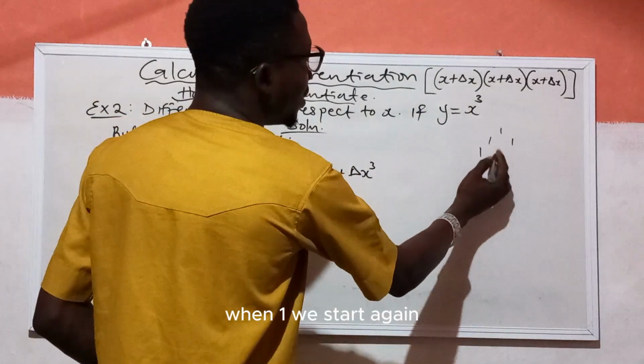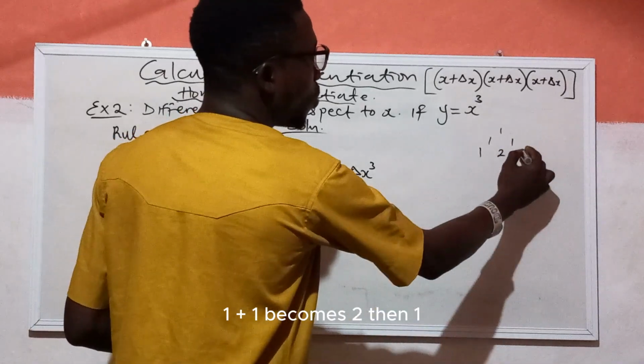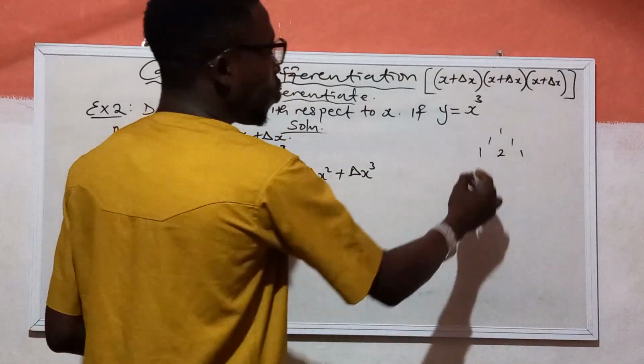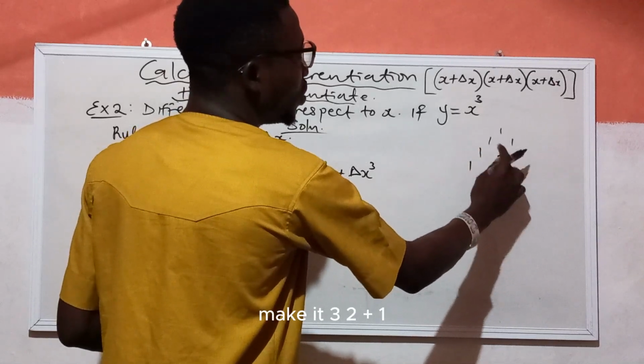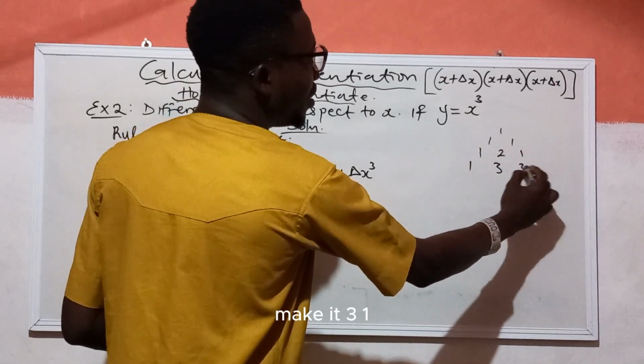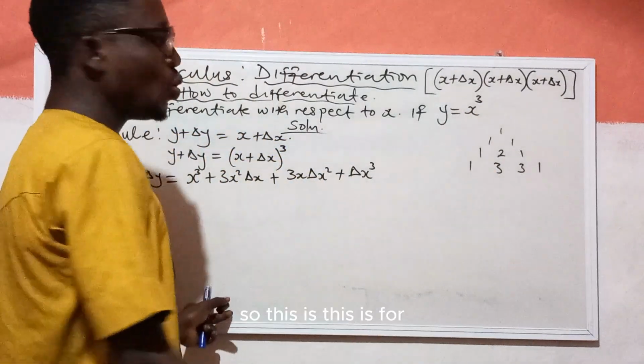When 1 starts again, 1 plus 1 becomes 2, then 1 ends it again. 1 starts again, 1 plus 2 makes 3, 2 plus 1 makes 3, and 1 closes it.